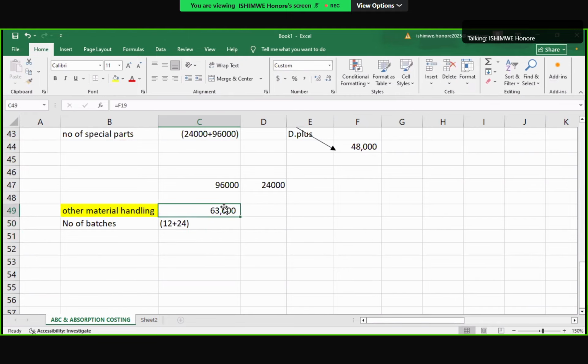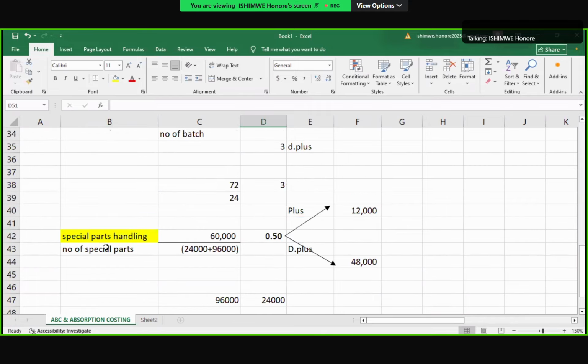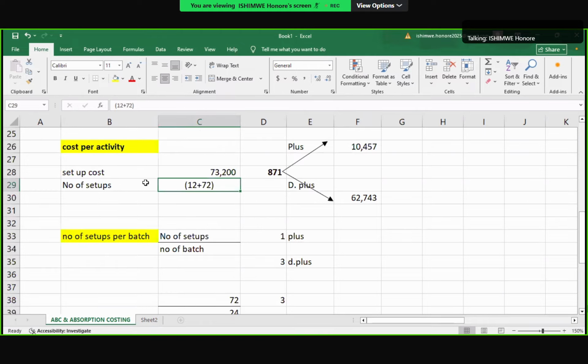Remember, the examiner is allowed to change you in whatever perspective, for example number of setups. Because they give you information that will allow you to do so. So not all the time you'll be given the final figure.